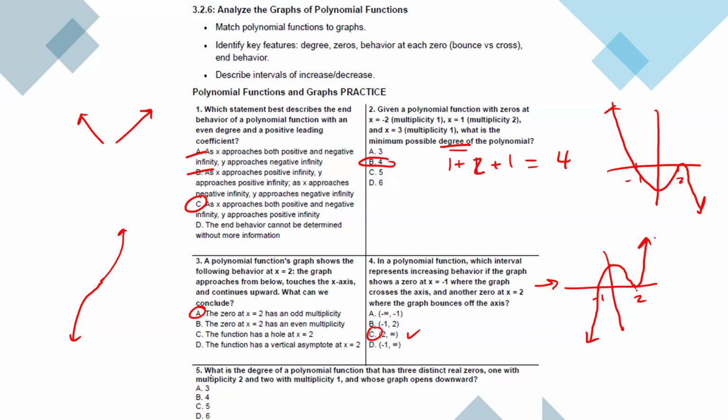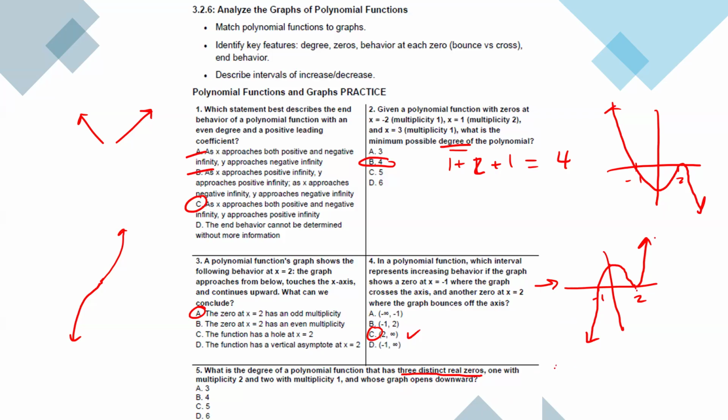And it says, what is the degree of a polynomial where the function has 3 distinct real zeros, 1 with multiplicity of 2 and 2 with multiplicity of 1, whose graph opens downward? Okay, so the graph opens downward. That lets you know that it has to be an even number. But paying attention to the zeros, it has 3 distinct real zeros.